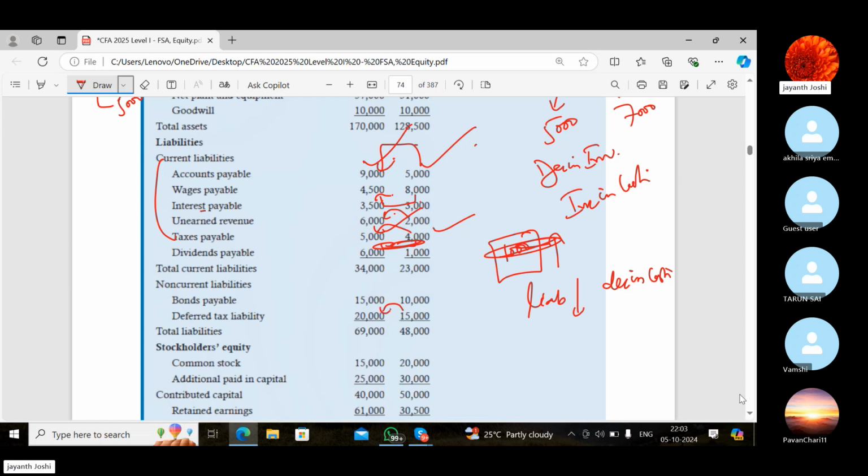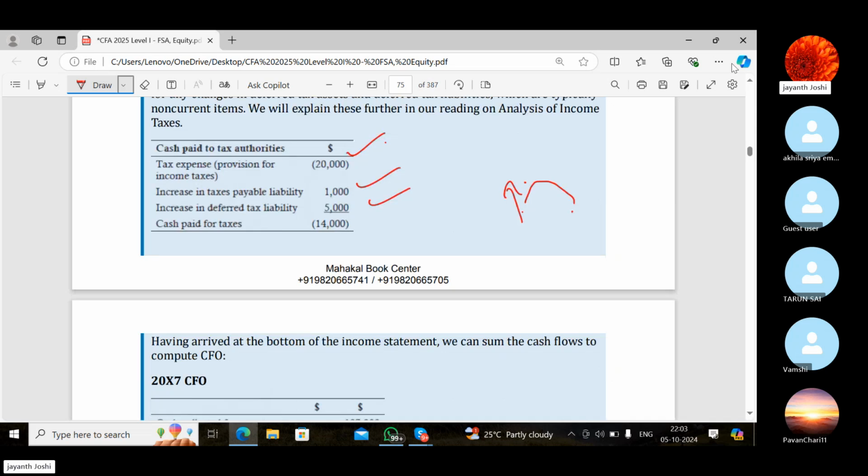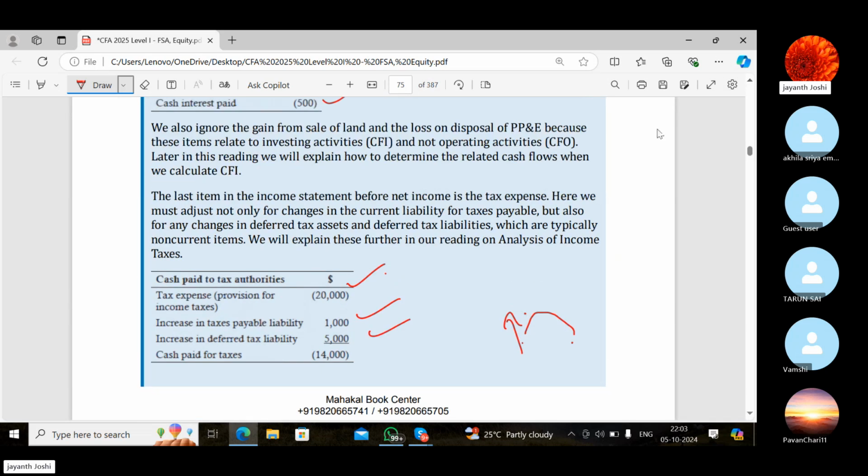I don't know why they are taking deferred tax liability here. We'll see the justification. The last item here: we must adjust not only for changes in current liability for taxes payable but also for any changes in deferred tax assets and liabilities, which are typically non-current items.